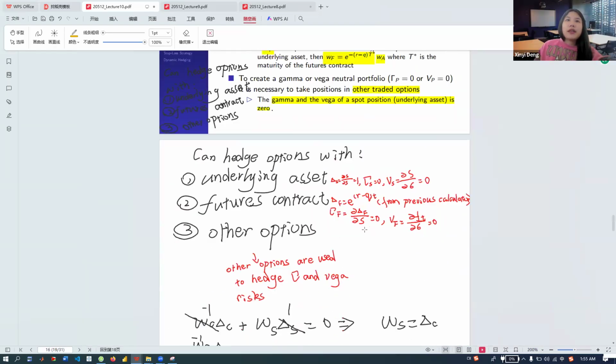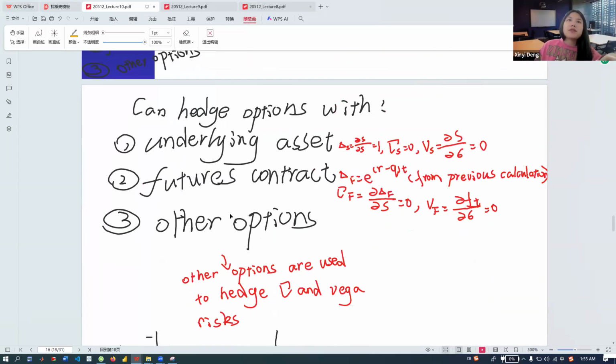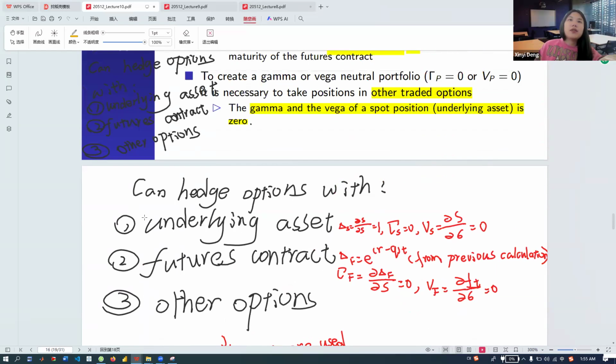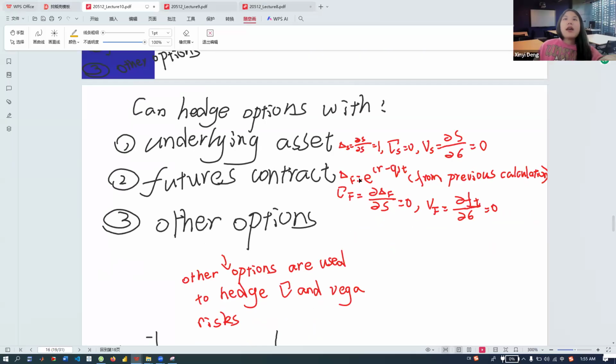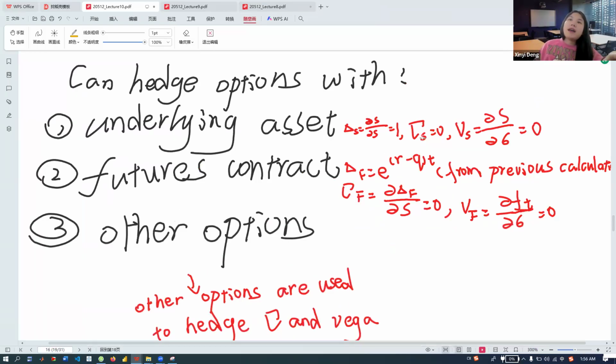So I also wrote it here. Recall that we can hedge the options with those three alternative options, right? And recall that delta of the spot is just equal to 1, since we're just taking the first order derivative of S with respect to S. And since gamma of S is the derivative of delta S against S, the derivative of a constant is going to be equal to 0, right?